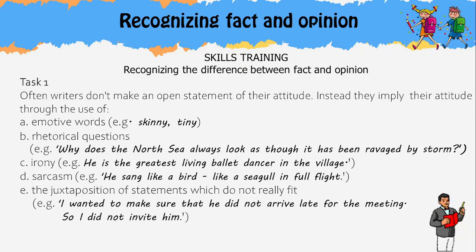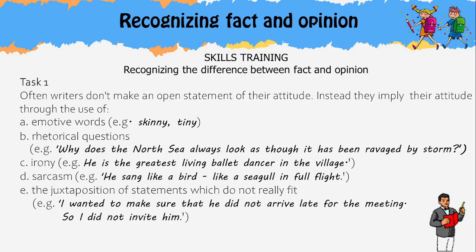The first sentence says you want to make sure that he will not come late, but in the next sentence, I did not invite him. So the arrangement of the sentences is not logical. It's not fit, something like that.